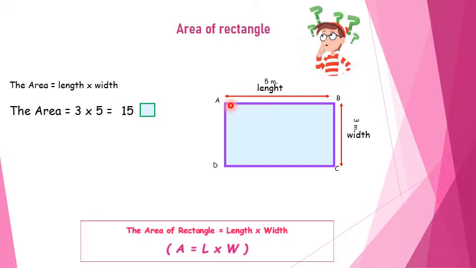I used to find the rows and columns, and here I count the columns like this and the rows like this. But the rectangle has length and width. The long side is the length and the short side is called the width. So instead of multiplying rows by columns, I multiply length by width. So the area of a rectangle is length multiply width.